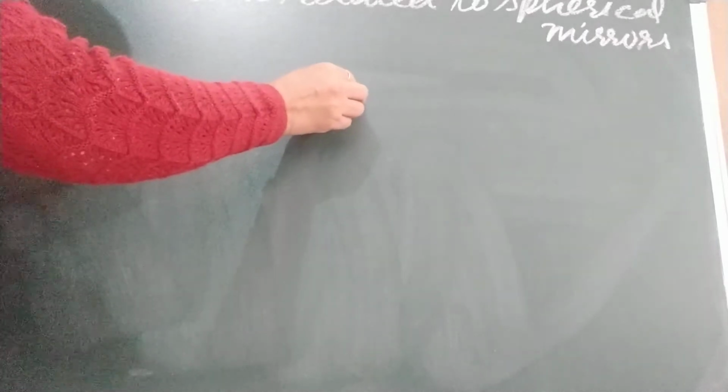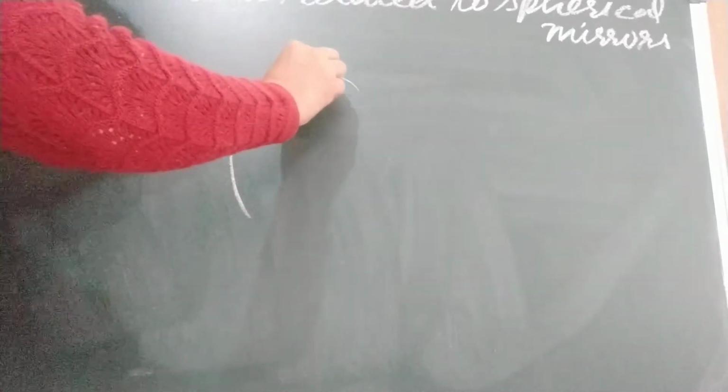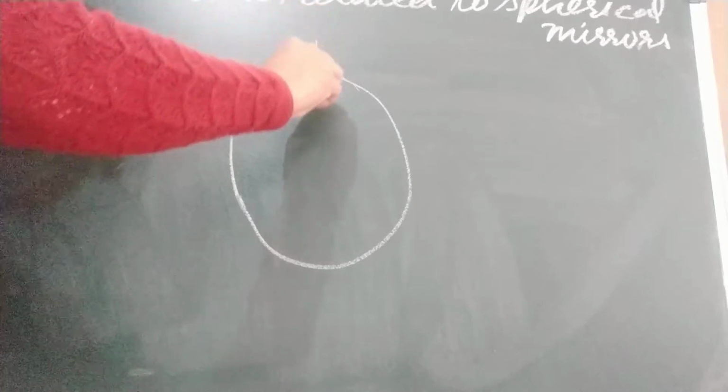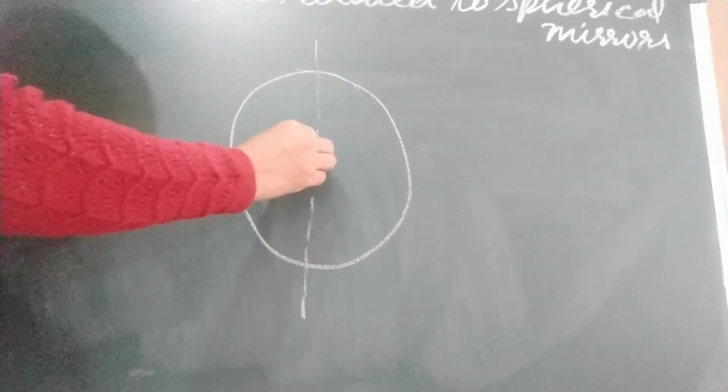Now the first term is center of curvature. Children, when we see that, it seems that they are parts of a hollow glass sphere. We have taken this hollow sphere and we are going to cut it from the center. This is the center.